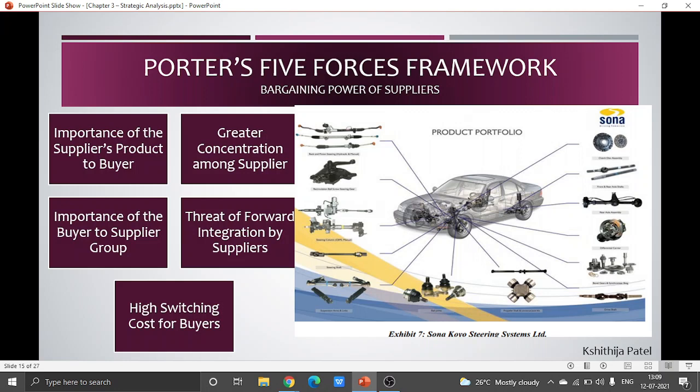Then you have high switching cost for buyers. In this case, the cost to the buyer of switching supplier is high because of the supplier's advantageous position or by the nature of supply itself.